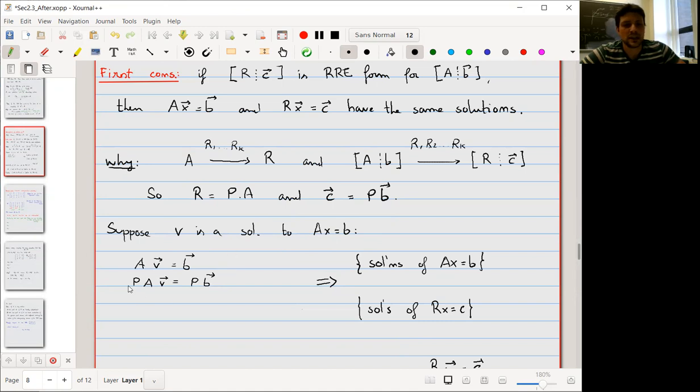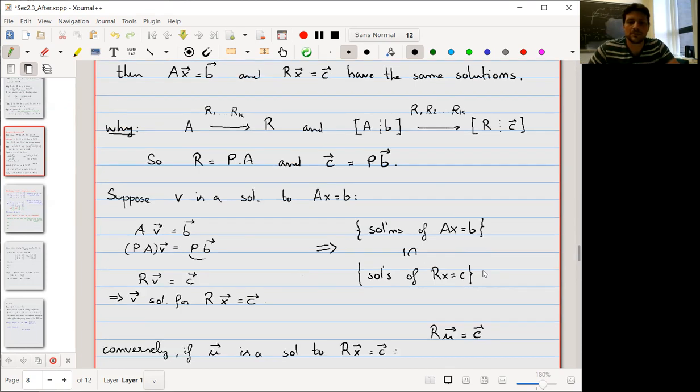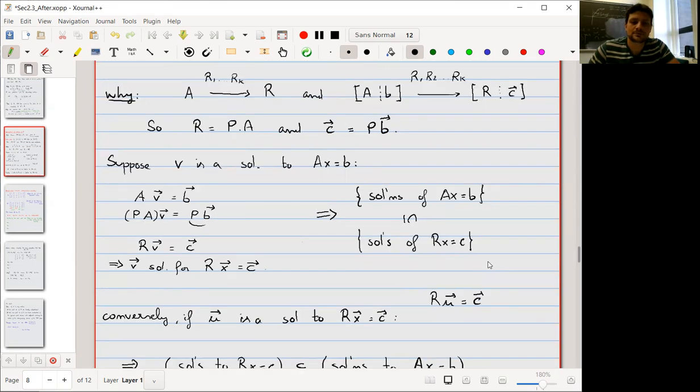But what we just said, PA is equal to R, so we get that RV is equal to PB, which is equal to the vector C. In other words, V is a solution for the linear system RX equals C. What this shows is that the set containing all solutions to AX equals B is actually a subset of the set of solutions of RX equals C, because every solution of AX equals B is a solution of RX equals C.